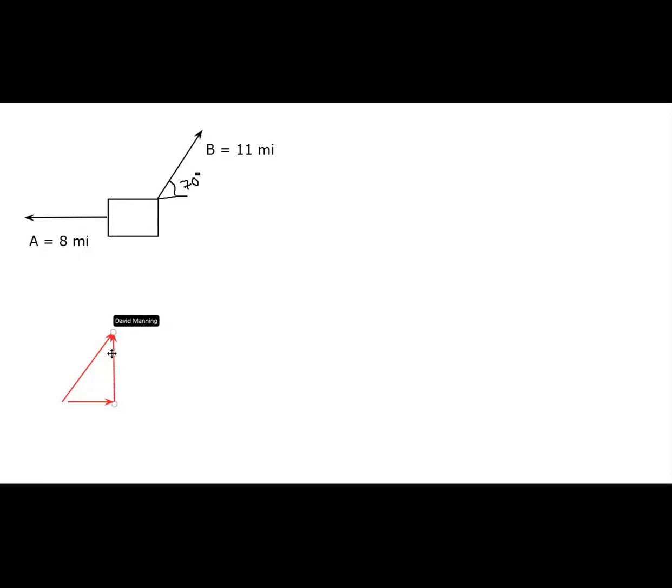That's vector B, where we know from what we learned earlier from last section that Bx equals 11 cosine 70 and By equals 11 sine of 70. And those are our two components of B.